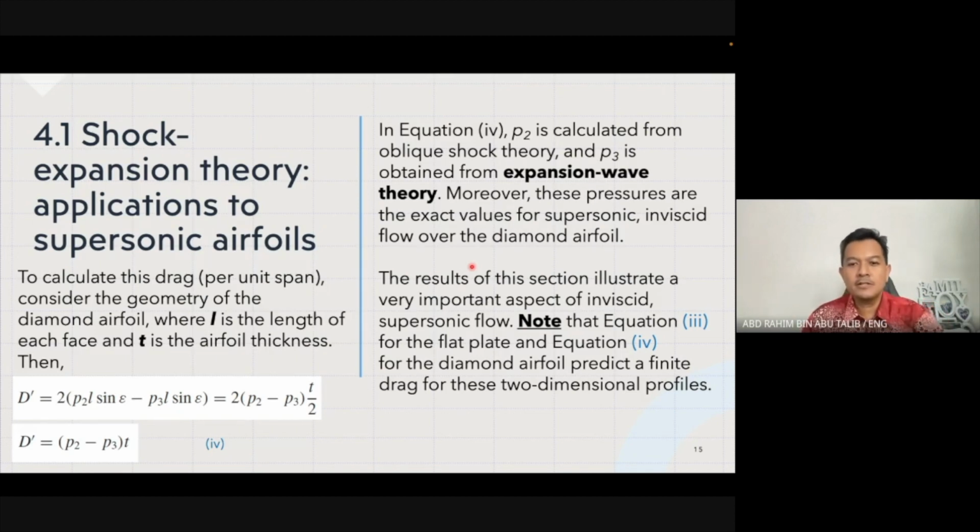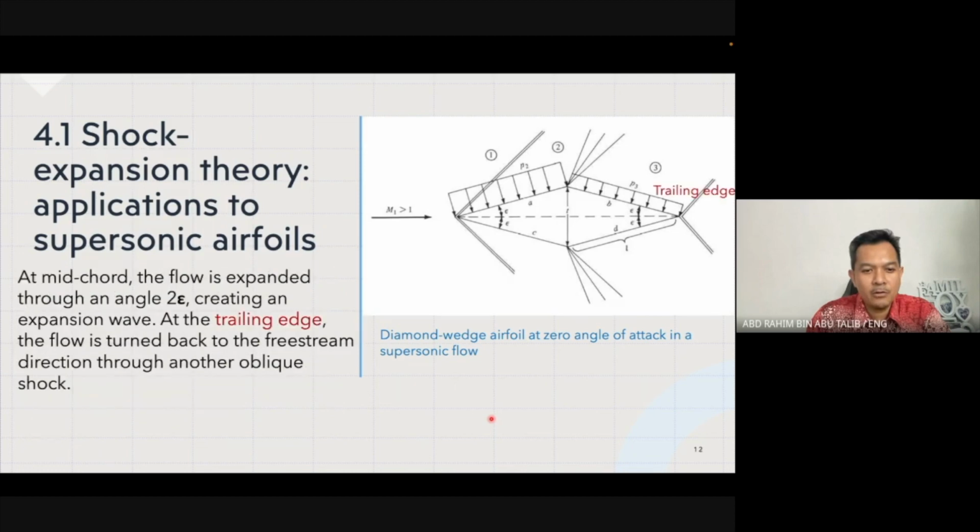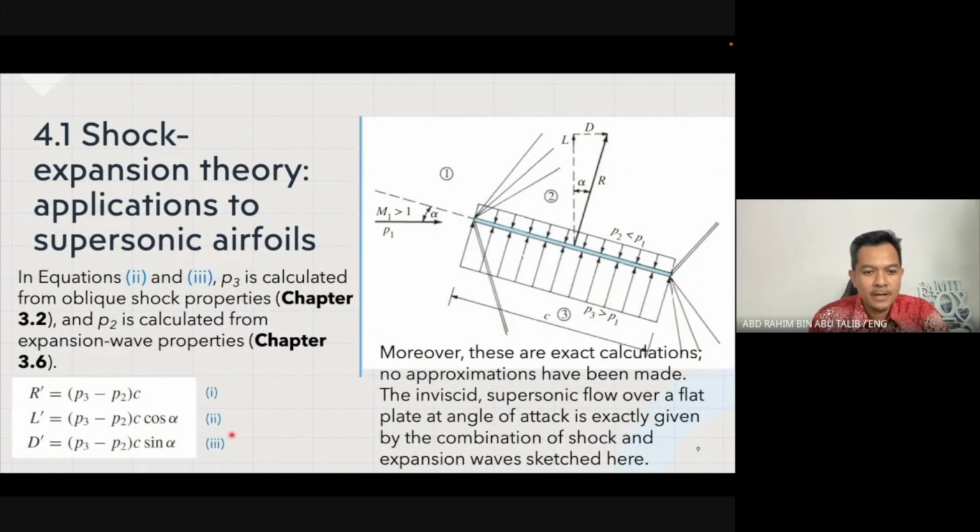The results of this section illustrate a very important aspect of inviscid supersonic flow. We have to note that equation 3, for the flat plate, and equation 4, for the diamond airfoil, predict a finite drag for these two-dimensional profiles. For the flat plate, we saw earlier that the drag can be denoted by this expression, where there is a component of the angle of attack alpha.